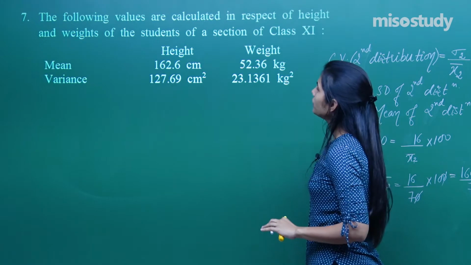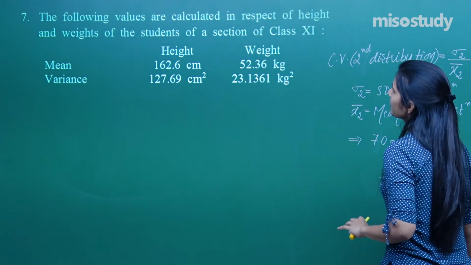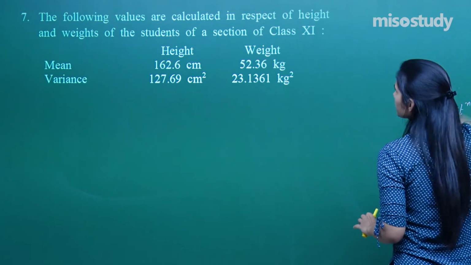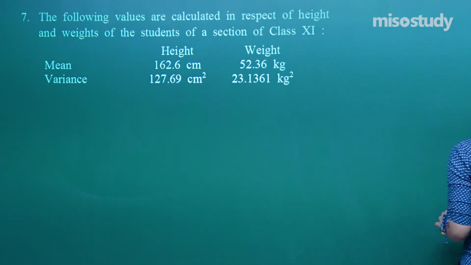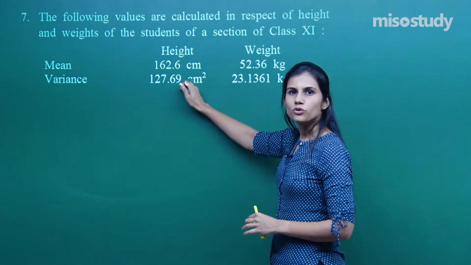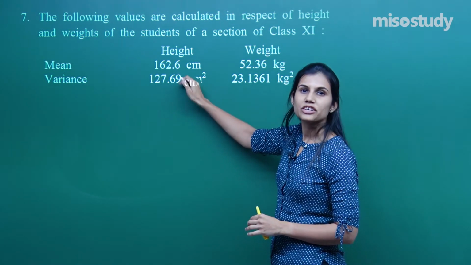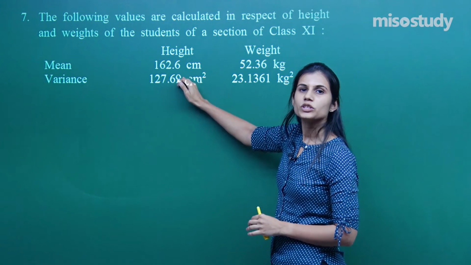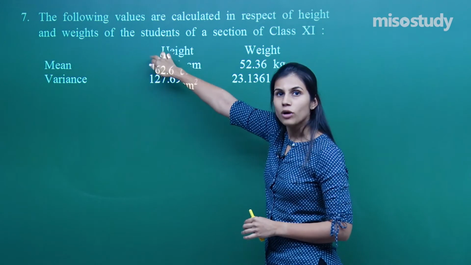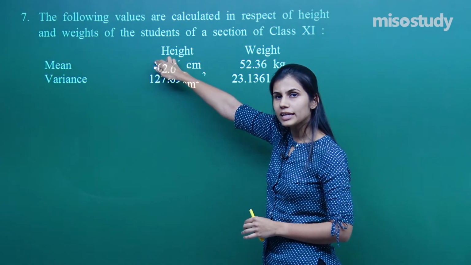Next we have: following values are calculated in respect of height and weight of the students of a section of class 11th. Here the question is trying to ask which one of them is going to have greater variability. Corresponding to height, we need to calculate the coefficient of variation.